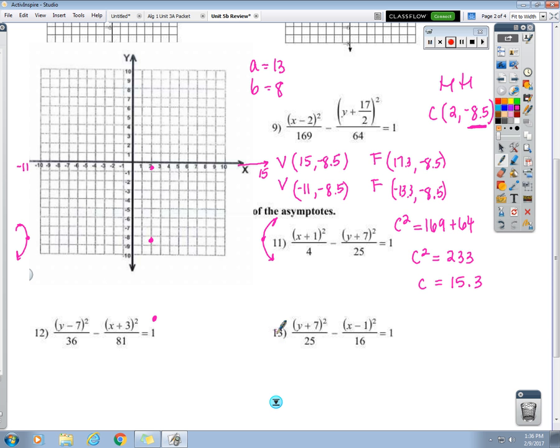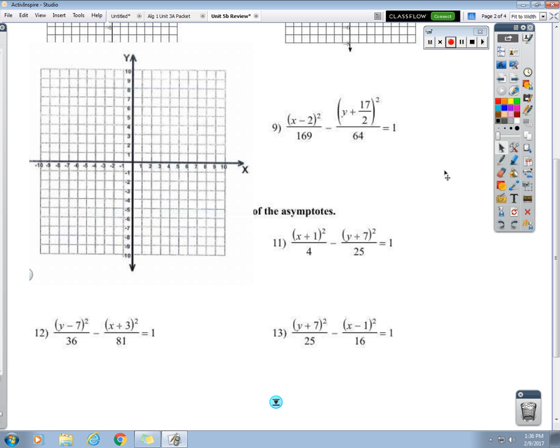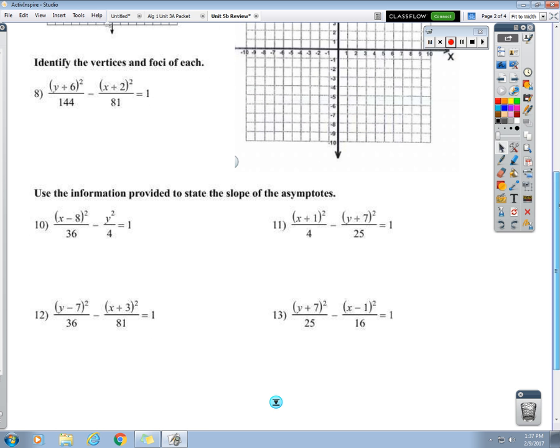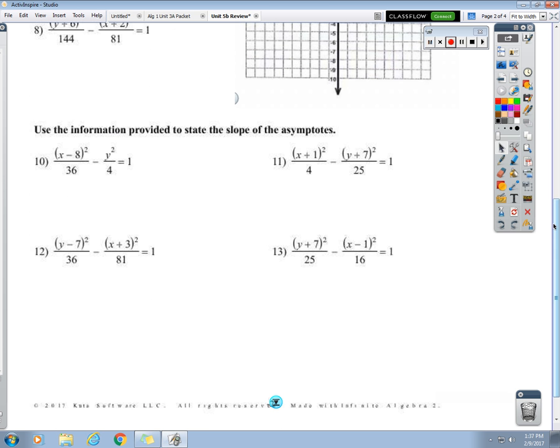Okay, now let's go over the bottom 4, which are simple, so we'll fly through those. In the bottom section, they just want you to use the information provided to state the slopes of the asymptotes. Well, there's no graph. You can graph them if you want, but really to do slope is simple.